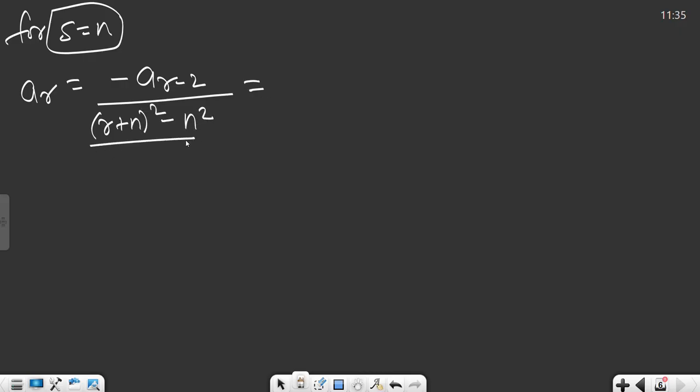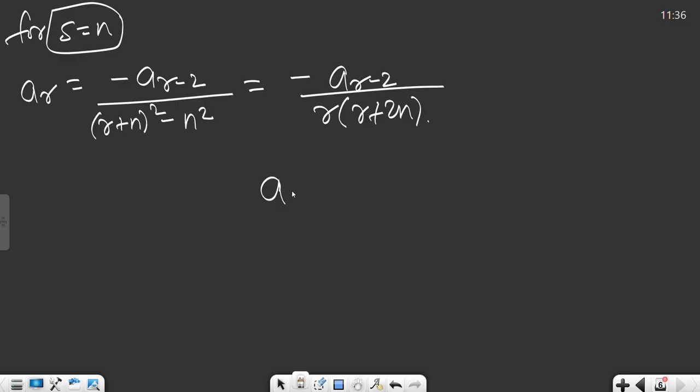And when you calculate this after expanding the r plus n whole squared term, you are going to have negative a sub r minus 2 over r times r plus 2n. This is what we are going to play with further, so I just want to write this down here: minus a sub r minus 2 over r times r plus 2n.